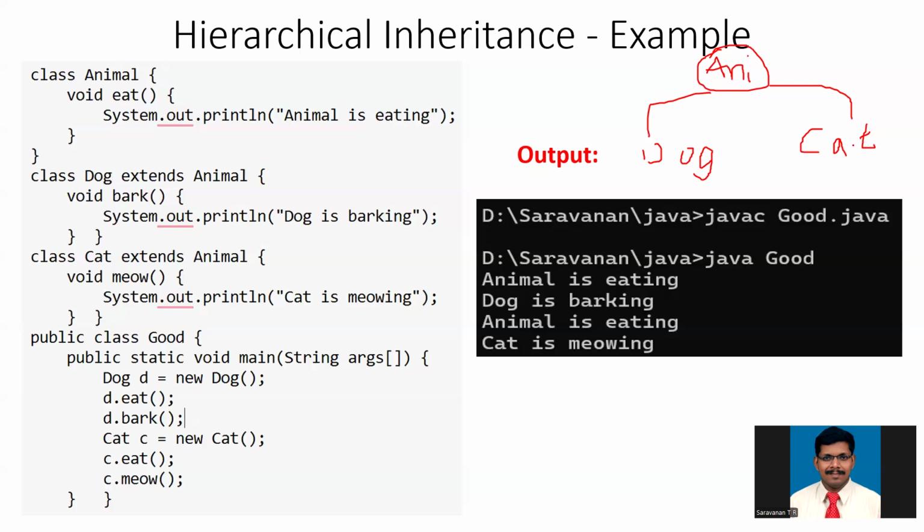Another question arises: is it mandatory to create an object for all the derived classes? The answer is no, because only if a particular class wants to access the parent class does an object need to be used. If an object is not created for cat, then the cat class cannot access the properties of the Animal class.